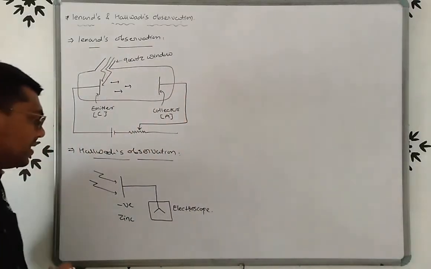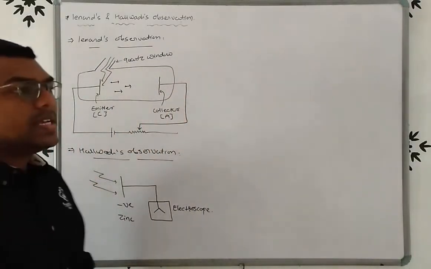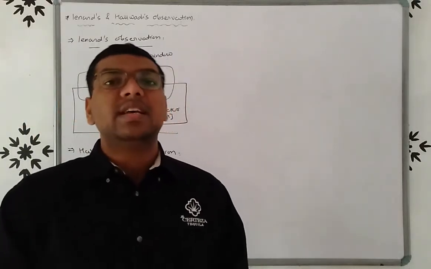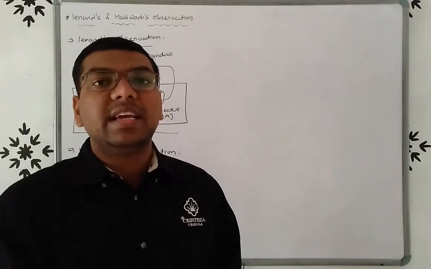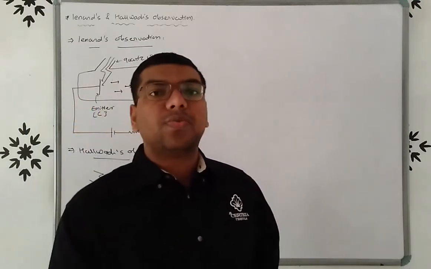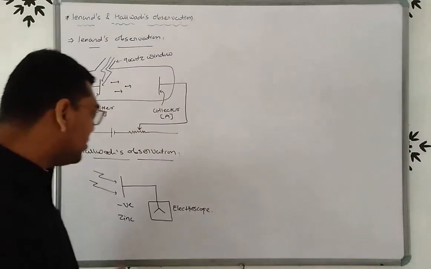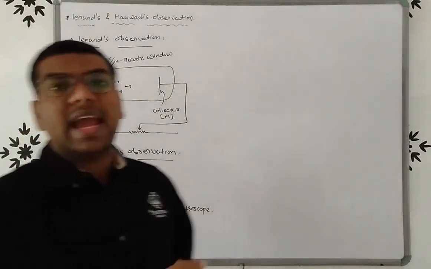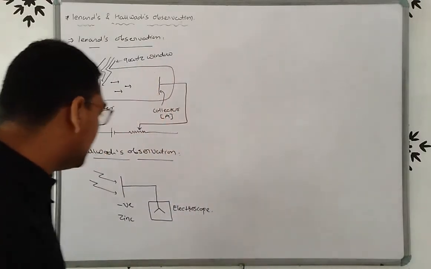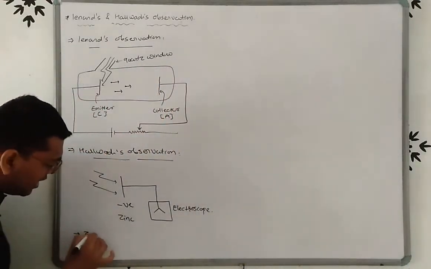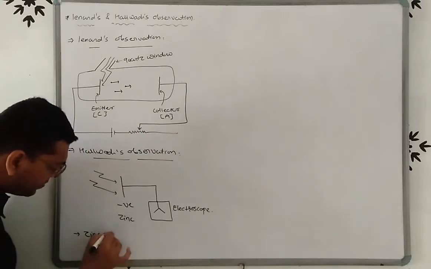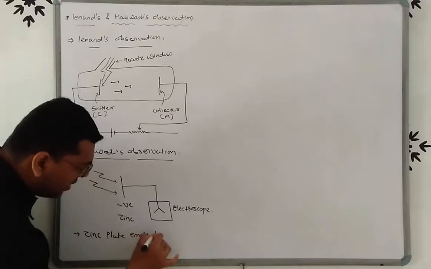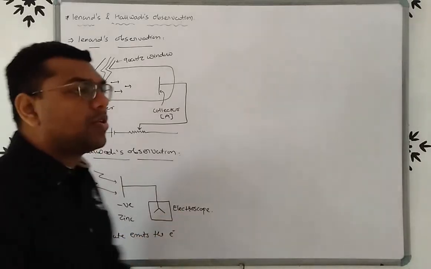Third observation, as the UV rays are incident on the positively charged zinc plate, then the charge starts increasing, right? So from these observations he concluded that this zinc plate emits electrons, right?